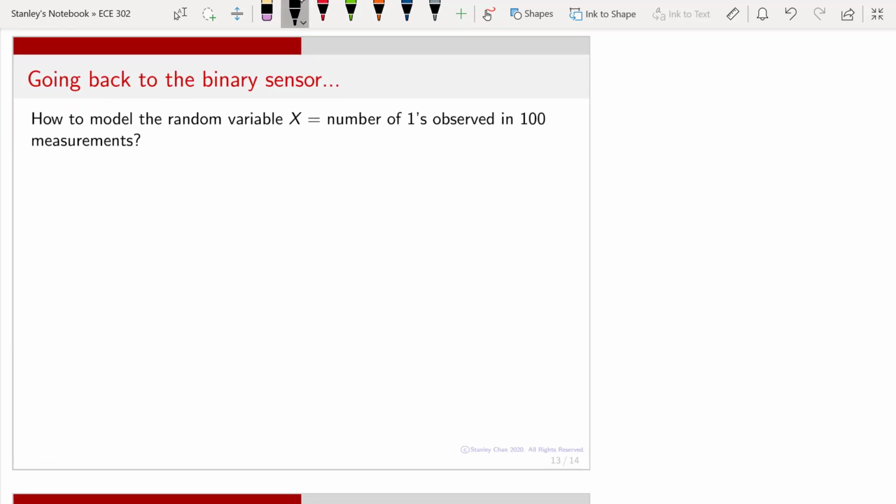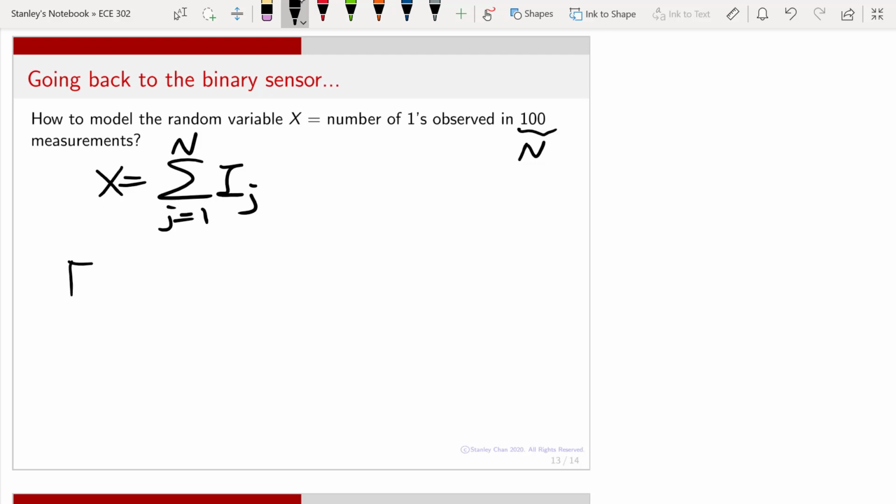Now, let us come back to the binary sensor, which I introduced in the beginning. We want to ask, how do we model the random variable X, which is equal to the number of ones observed in 100 measurements, or in general, n measurements? Now, we know that X is the summation of Ij, with j equals 1 to n. Each Ij is a Bernoulli random variable with a parameter p.